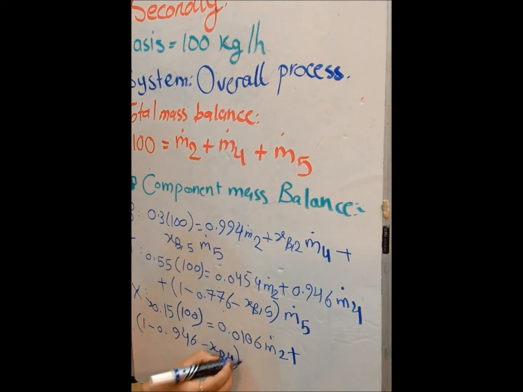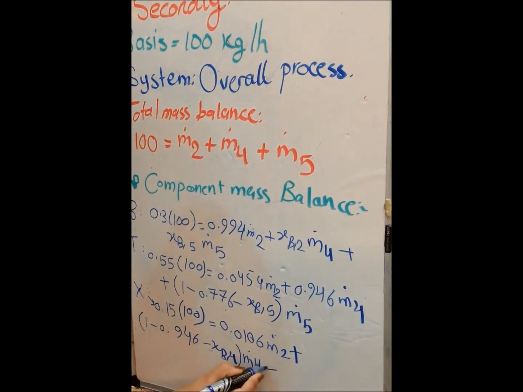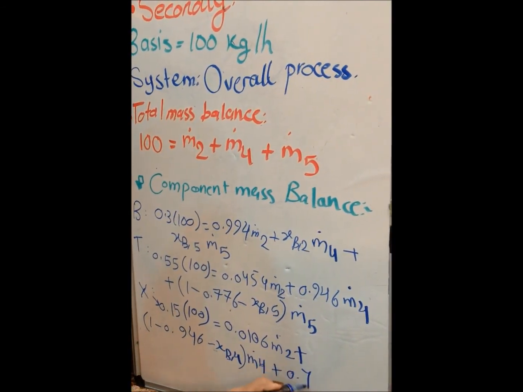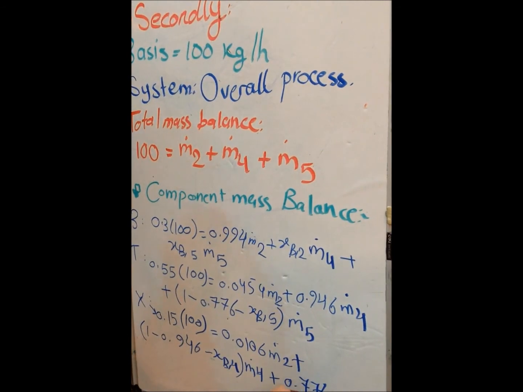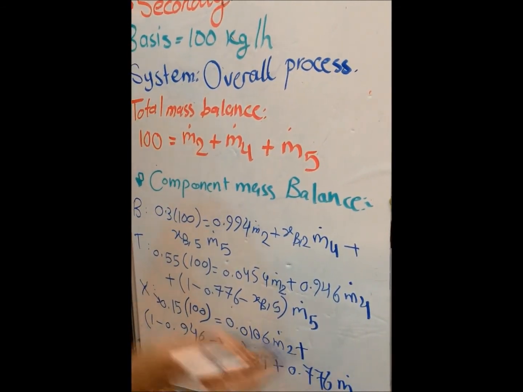This all to the mass flow rate of stream 4 plus 0.776, this all to the mass flow rate of the fifth stream.